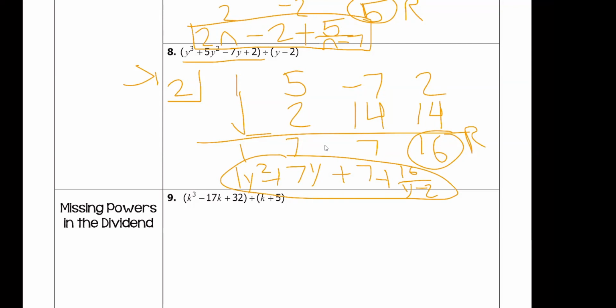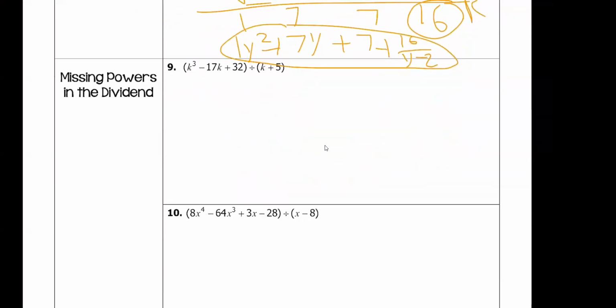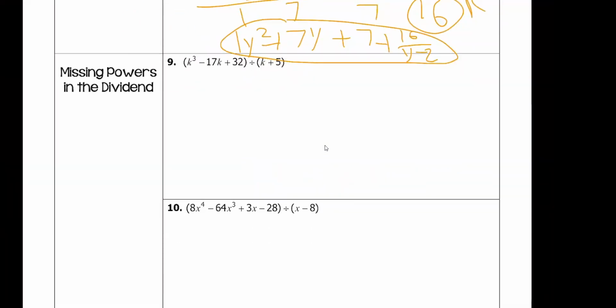Okay, questions 9 and 10 are definitely examples we want to be careful about. If you're missing one of your degree parts, like in number 9, we have a third power, then just a first power, and then a constant. See how we're missing that k squared part? If you're missing a part, like one of your powers or degrees, you need to put a placeholder for it.